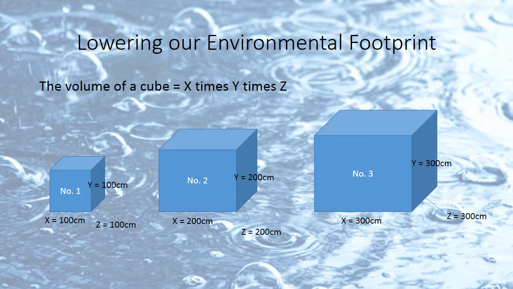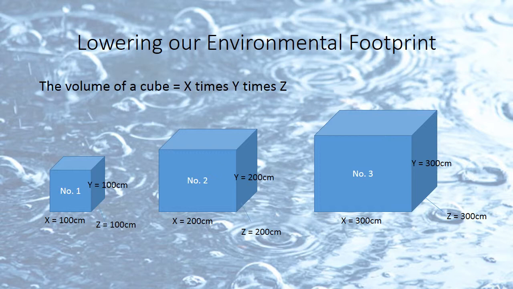In order to do this, we're going to look at a formula to find the volume. Now, a formula to find the volume is x times y times z. And then we need to convert it to litres because we're finding out the volume of water.